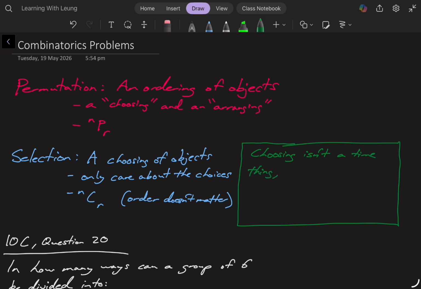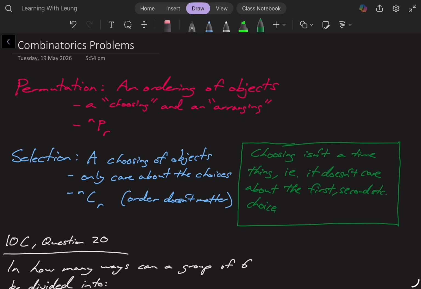That is, it doesn't care about the first, second, or etc. choice, just about what is chosen.